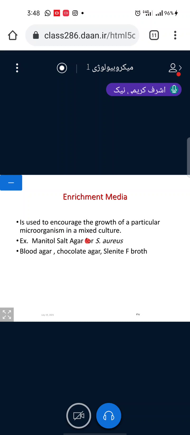For example, mannitol salt agar for Staphylococcus aureus, blood agar, chocolate agar, selenite F, enrichment media.